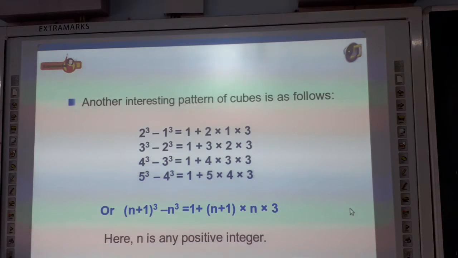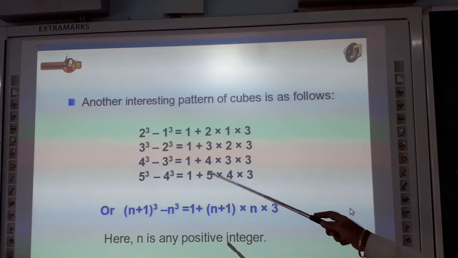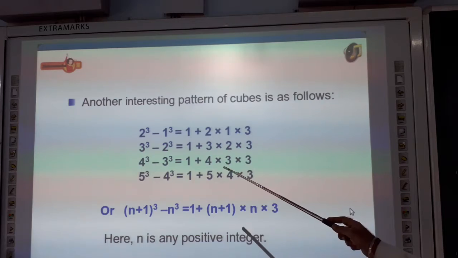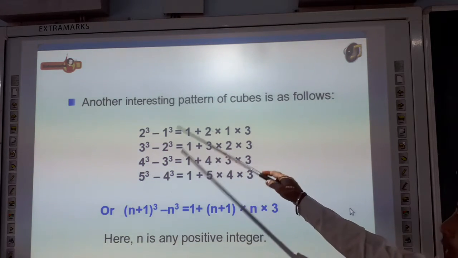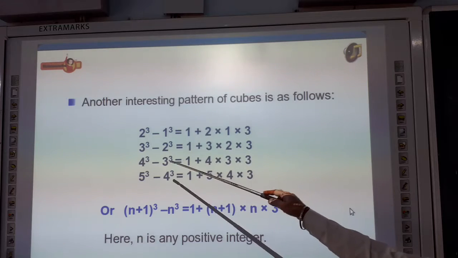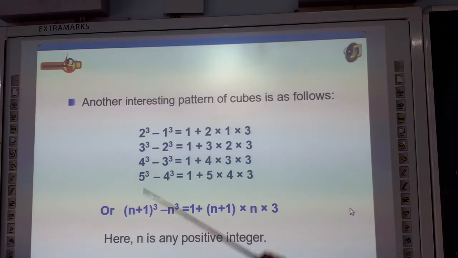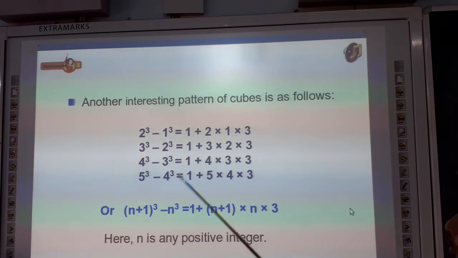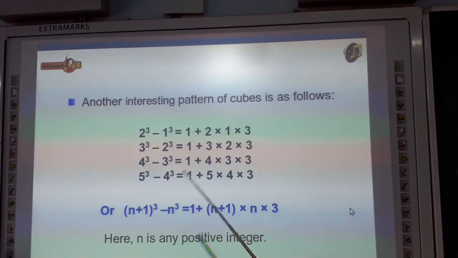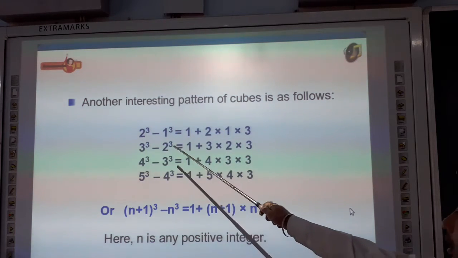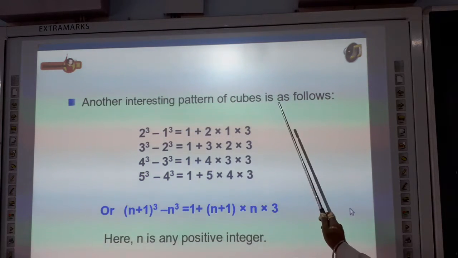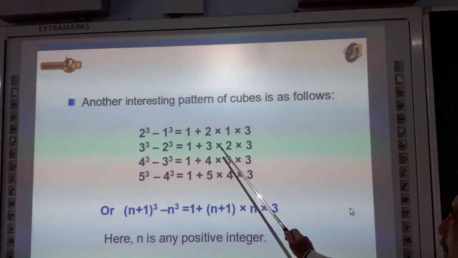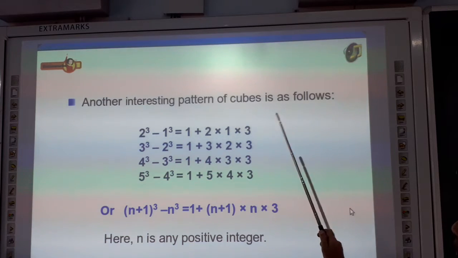There is one more interesting pattern. 2 cube minus 1 cube is equal to, these are the difference of two cubical numbers which are consecutive. Consecutive means just one after the other. 2 and 1, 3 and 2, 4 and 3, 5 and 4. And their difference is 1 plus 2 into 1 into 3. 1 plus 3 into 2 into 3.